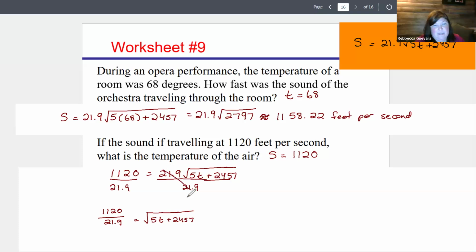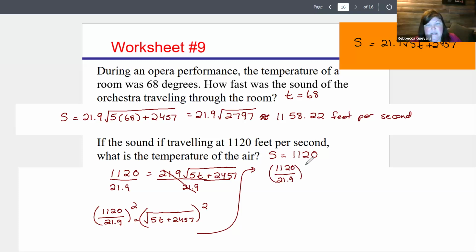The 21.9s are going to disappear, and I've isolated the radical. So if I square the radical and square the other side, we're going to have 1120 divided by 21.9, squared, equal to 5t plus 2,457. So I just need to isolate t.